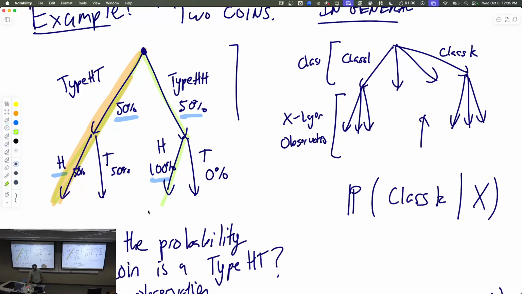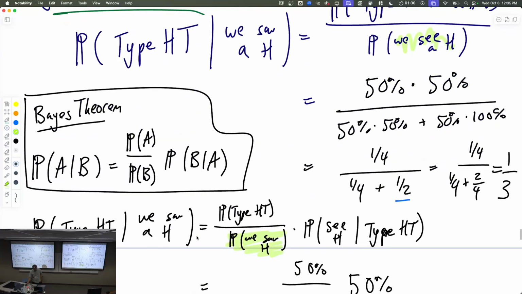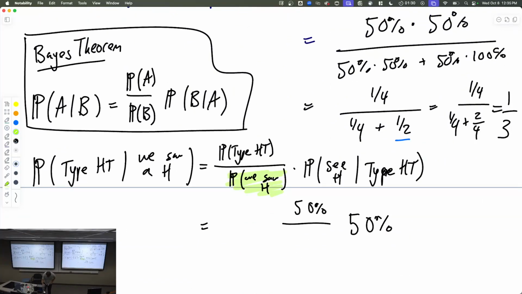Those are all the ways we can see heads. So we have to do the same calculation that we did before. It's a quarter plus a half, same as before. 1/4 plus 1/2. And you can see Bayes' theorem is giving the same exact answer as before. It's just a different way of organizing it. Sometimes people prefer it this way.